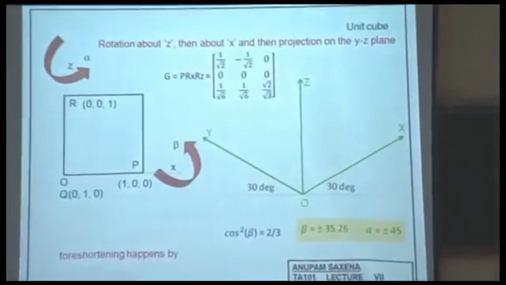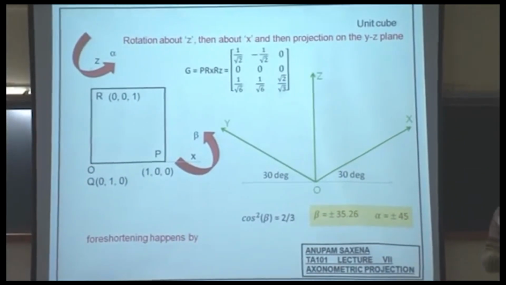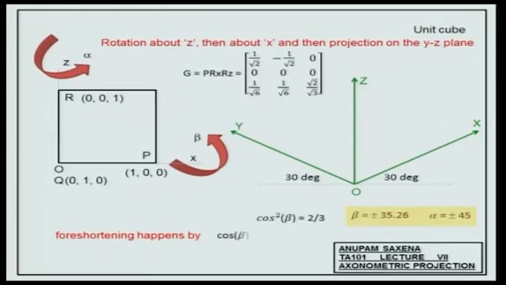The initial length of OR was 1. The final length of OR is root 2 over root 3. So OR has shortened by root 2 over root 3, and so has OP and so has OQ.